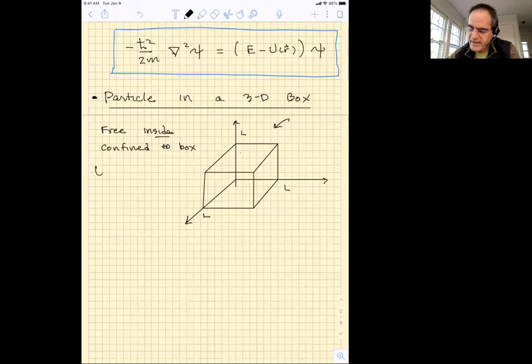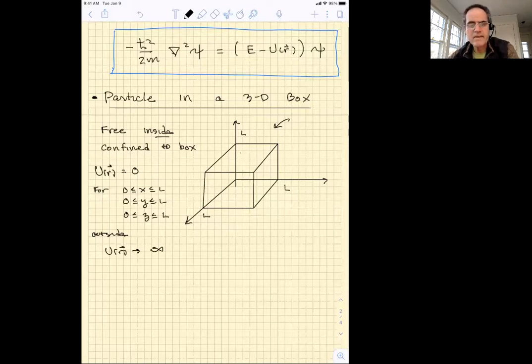In other words, the potential energy as a function of position is zero for x between 0 and L, and y between 0 and L, and z between 0 and L. And outside of this region, we imagine that the potential energy goes to infinity, just as before.